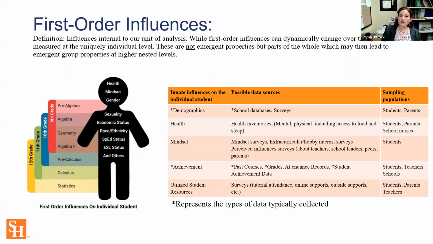While first order influences can dynamically change over time, they are measured at the uniquely individual level. These are not emergent properties, but parts of the whole, which may then lead to emergent group properties at higher nested levels.